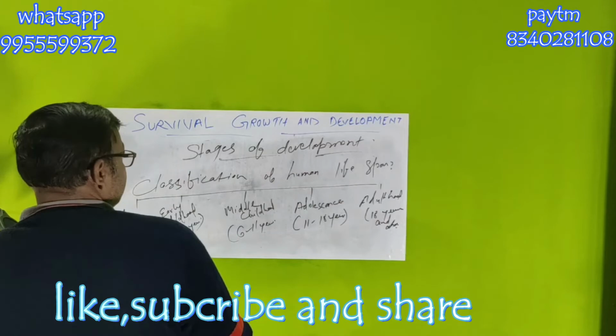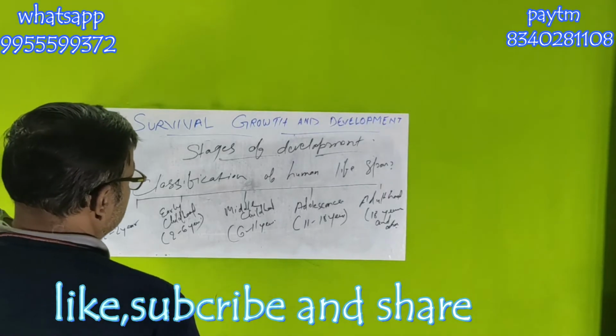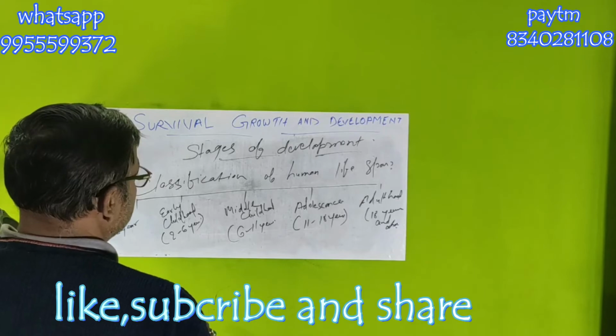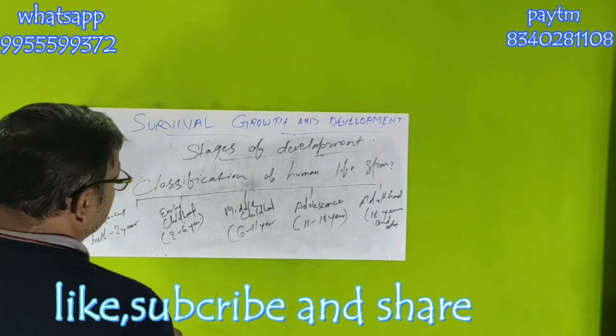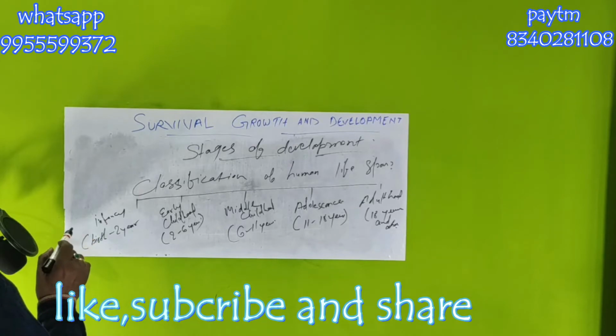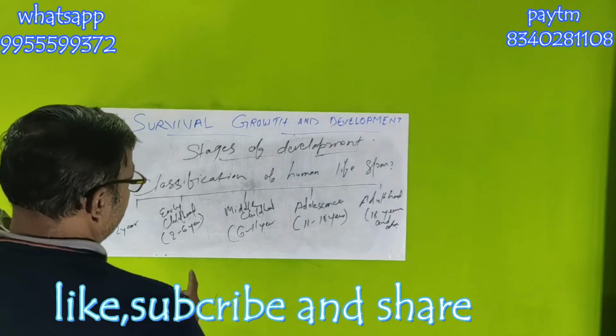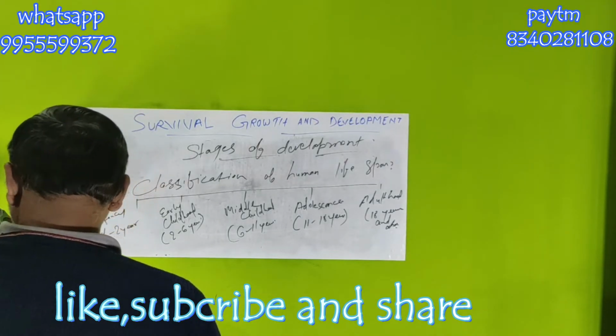That is the classification of human lifespan. Accordingly, we can say what the child adopts and what the stages of development in the child are. We can find it from different age groups, and accordingly it has been divided.